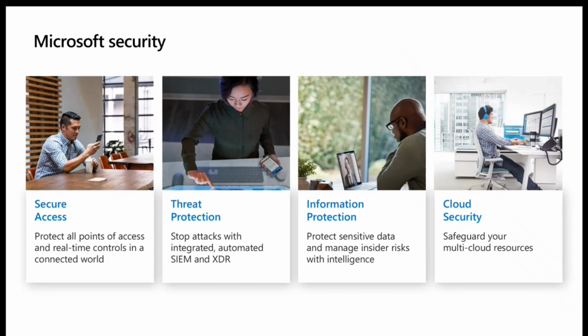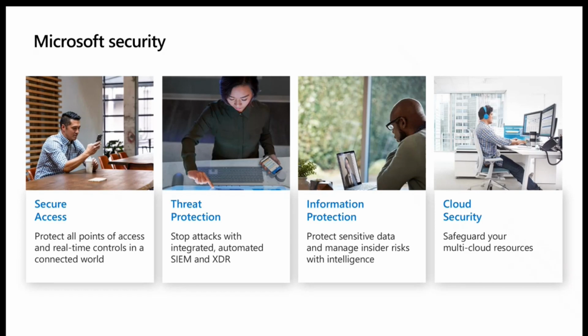So in general, Microsoft security is comprised of different pillars. First of all, secure access, which is going to be mostly around Azure AD or other identity-centric products, Defender for Identity as well. We have threat protection, which is really among most of our products. Defender for Cloud Apps has a strong section on threat protection.